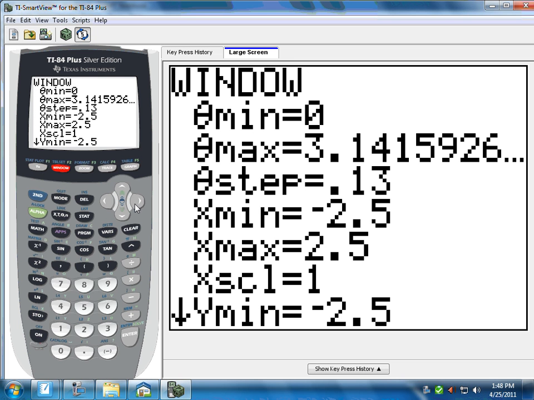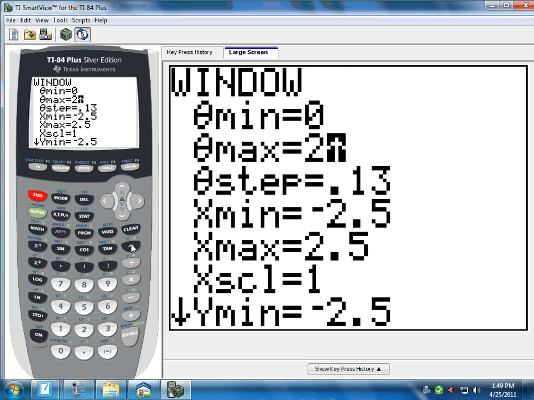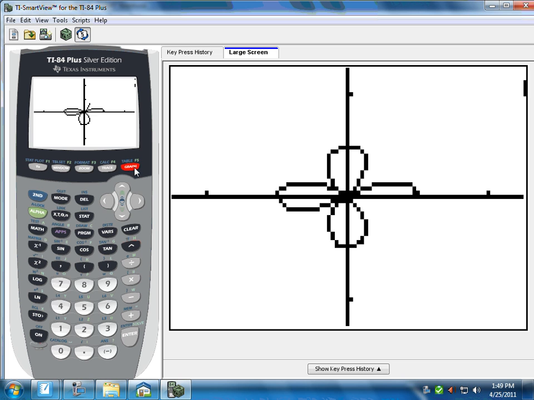I want to see the full graph. Okay, so this is your standard 4-petal rose for cosine of 2 theta.